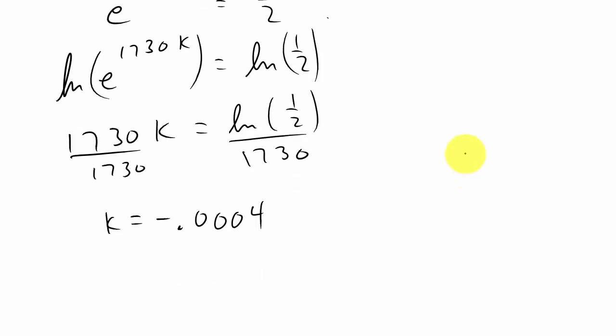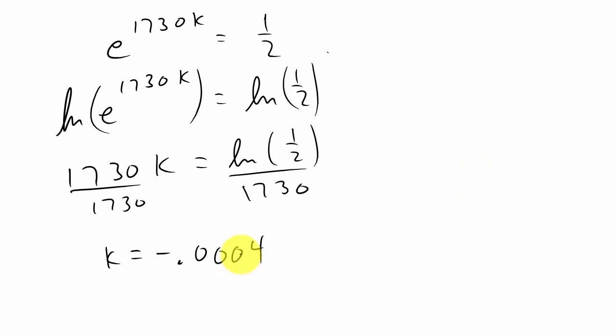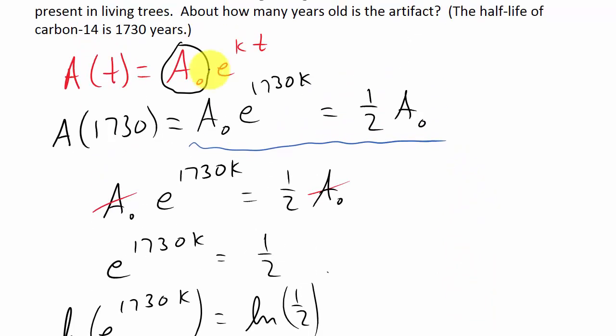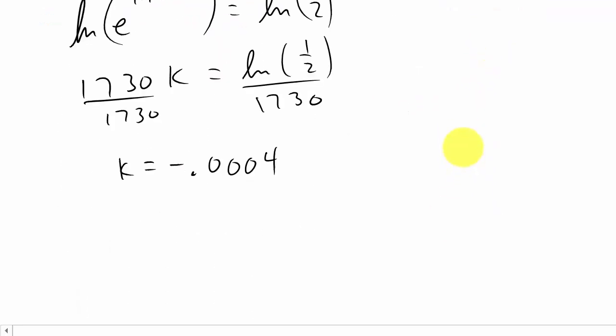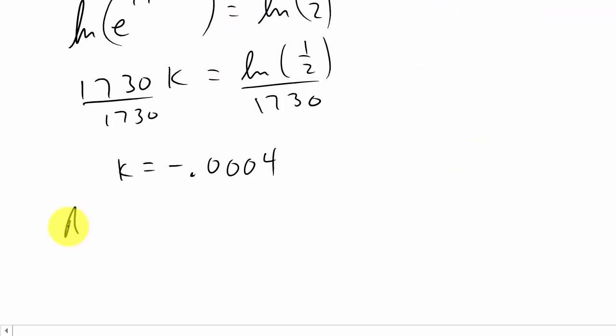Now we can take the k and plug it back into our function for k. So I get A of t is equal to A sub 0 e to the negative 0.0004t.